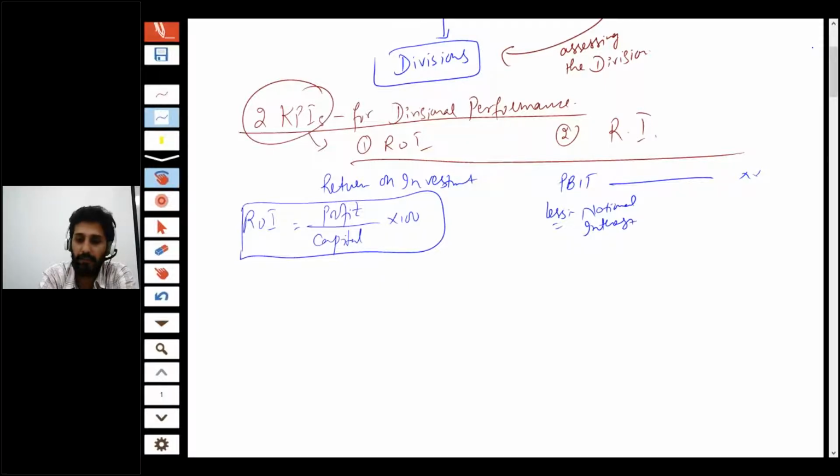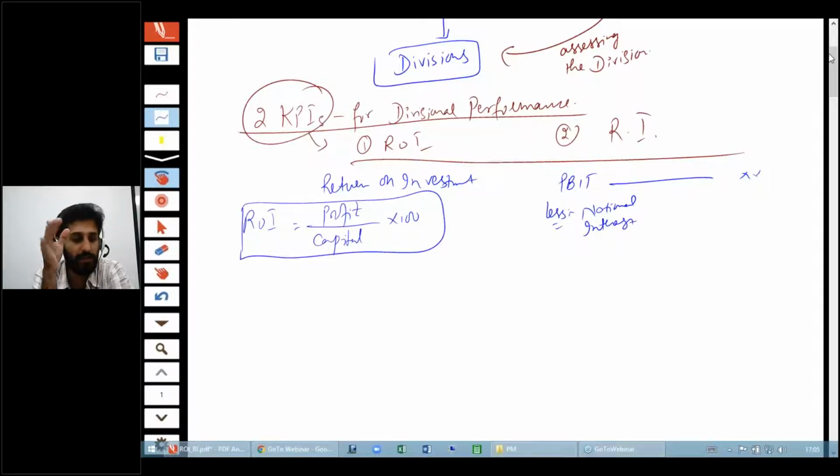There are many ways to explain notional interest, or we can say the imputed interest. Let's say for example that I have my own capital, and there is obviously an opportunity cost attached to my investment.